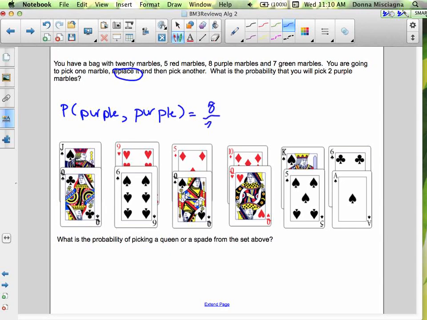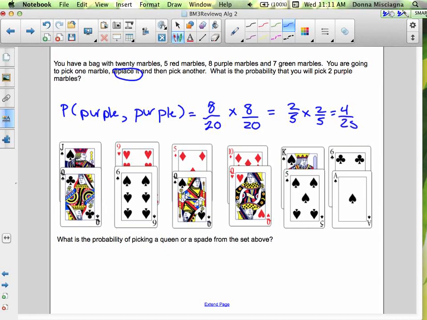So we will have 8 out of 20, 8 purple marbles, 20 marbles overall for the first pick, and we'll still have 8 marbles, 20 marbles overall for the second pick. And we should reduce that. Both of those are divisible by 4, so that's going to be 2/5 times 2/5, or 4/25.